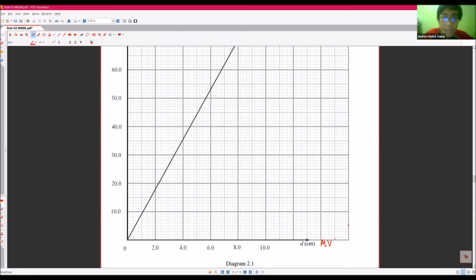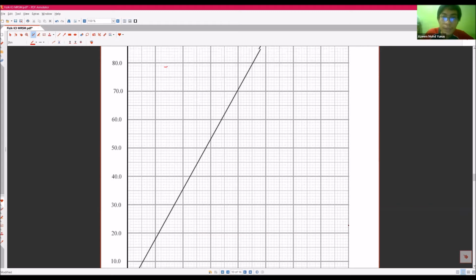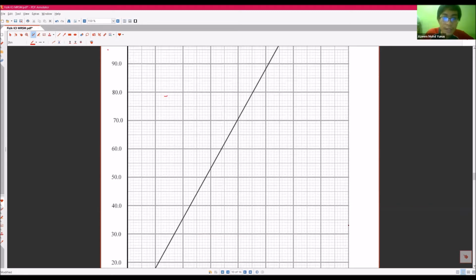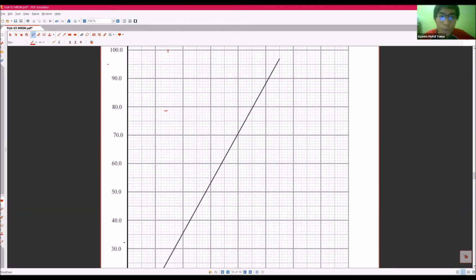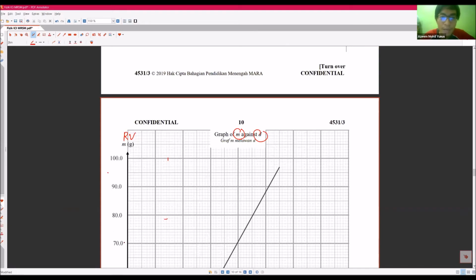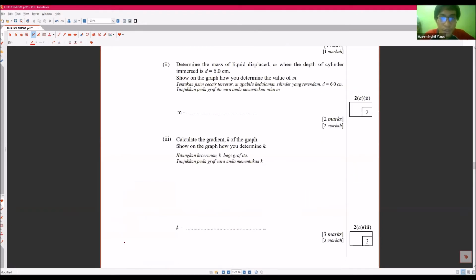And the first step we need to do is to see the shape of the graph. Basically it's a straight line and it passes through 0 here. So that means the relationship is directly proportional. RV is directly proportional to MV. Then you can answer the first question here.